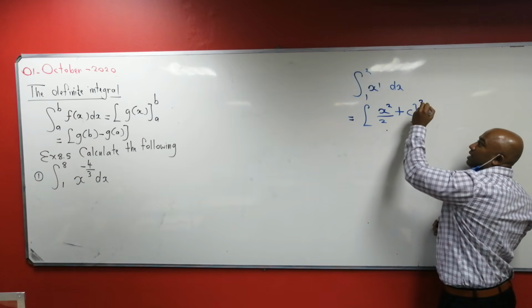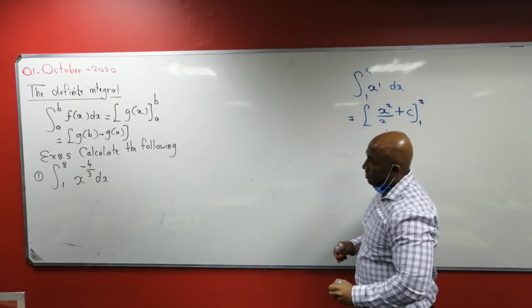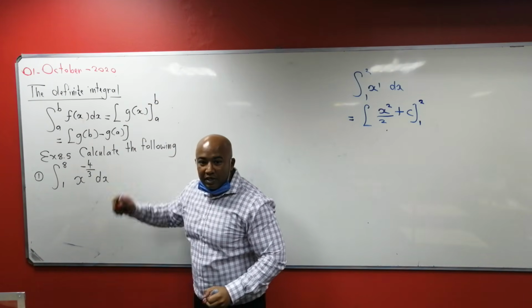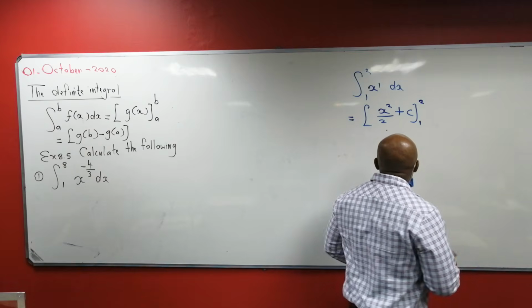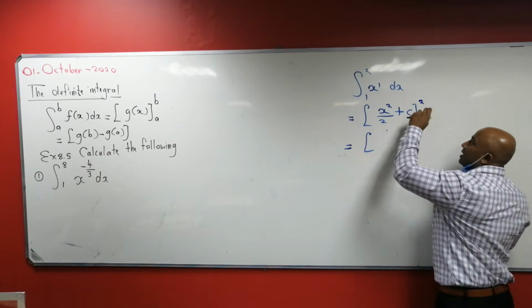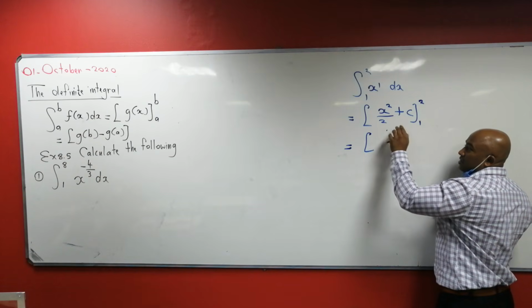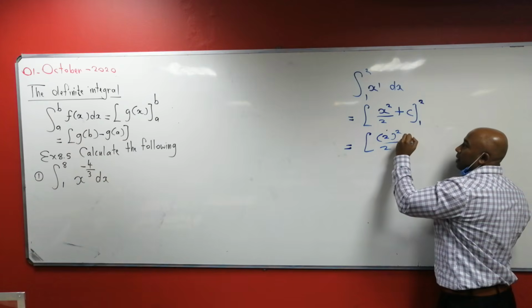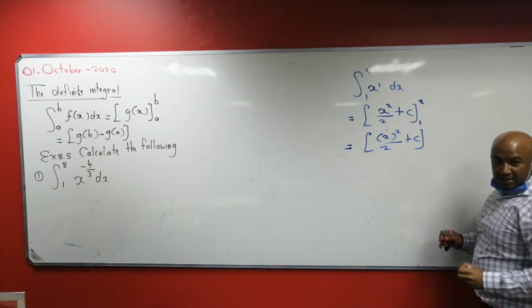So I'm going to put my upper limit there, lower limit here. I got my answer there, I got my upper limit, lower limit. What do you do? All you're going to do is take your upper limit and substitute into this whole thing here. So that will be 2 squared over 2 plus c, close your brackets.